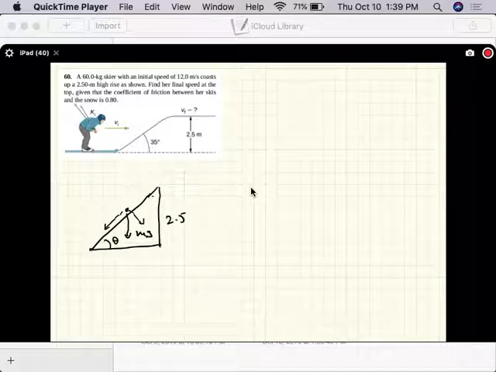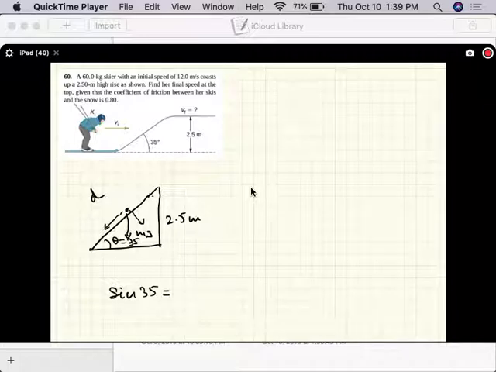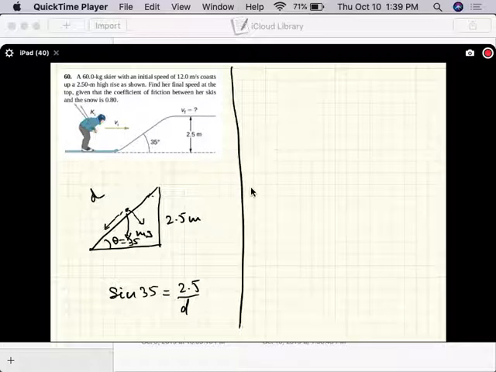By the way, this is 2.5 meters, and we'll have to find this distance d. So sine theta, sine 35, is 2.5 divided by d, and d is 2.5 divided by sine 35. I'm doing several things, so stop me if you don't understand.